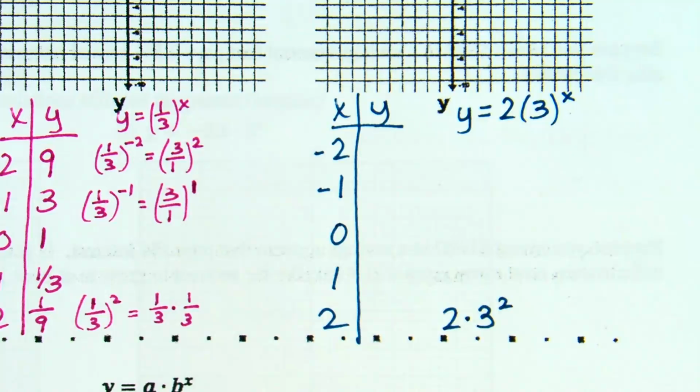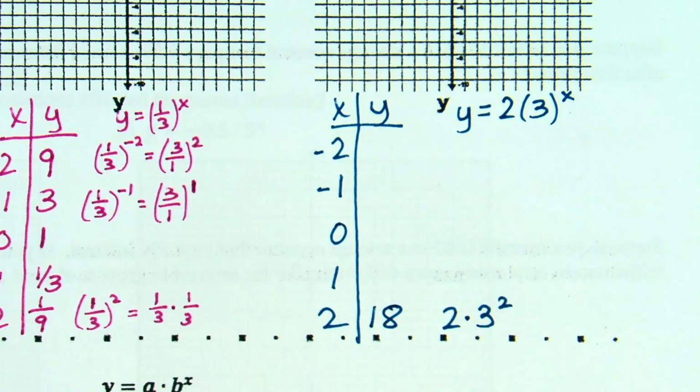Mathematically, how does this have to work? What's first? 3 to the second is 9. And then 9 times 2 is 18. Yes, it's going to be a little off the graph. Sorry. Okay. What can you not do here? You cannot say 2 times 3 is 6 and 6 squared is 36.